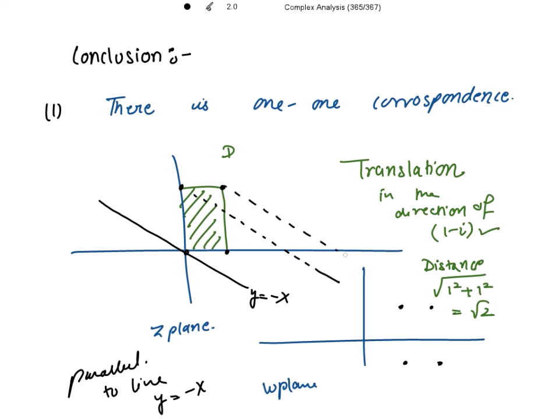This point is parallel to y equal to negative x. This point is parallel to y equal to negative x. Similarly this one. So we are getting the region D dash in the W plane, right? So let's write this now.